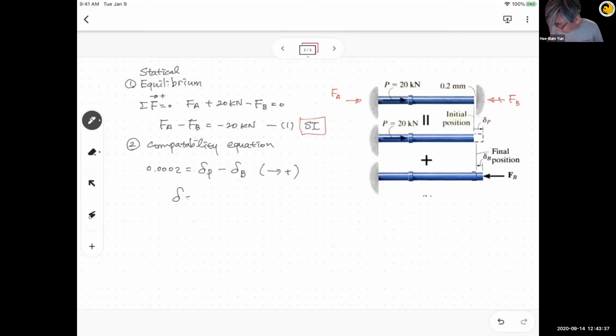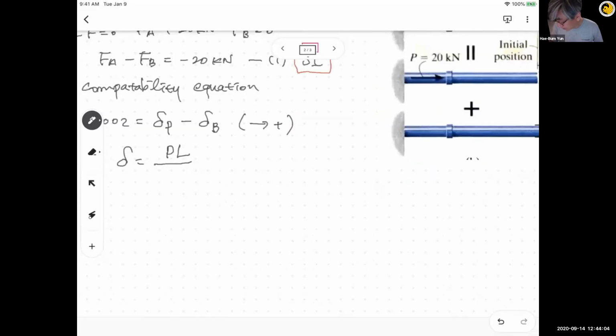So what was the deformation formula? Delta is equal to, anyone, on the numerator? We will need force P, right? And length L. Jacob, thank you.